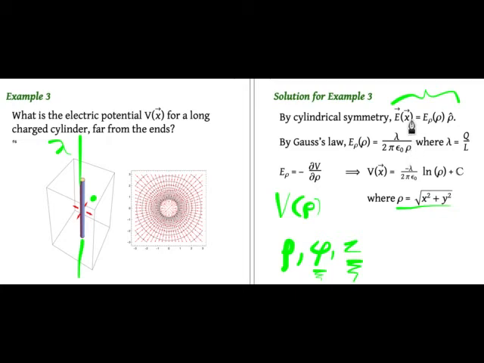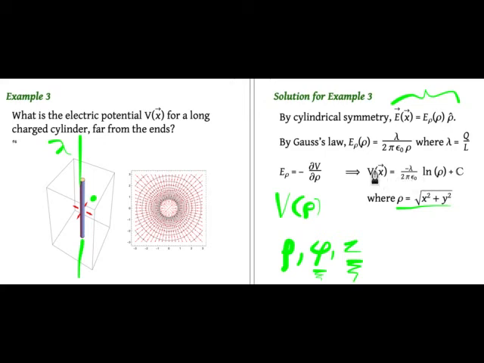So what's the function whose derivative is 1 over rho? Well, it's log of rho. So evidently, V has to be lambda over 2 pi epsilon 0 log rho. But don't forget there's a minus sign. So V has to be minus lambda over 2 pi epsilon 0 log of rho.